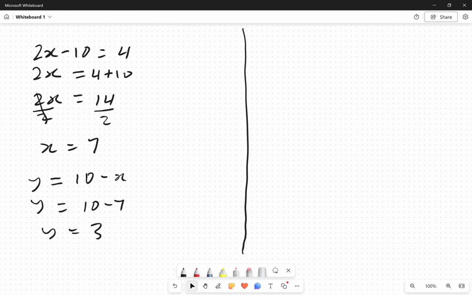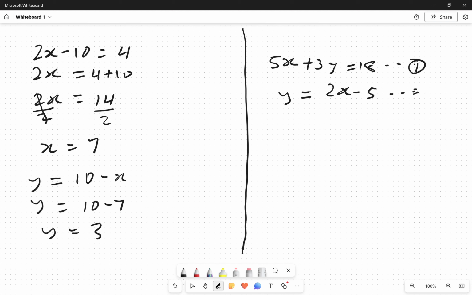Let's go to number 2. So let's say I have the next equation: 5x plus 3y is equal to 18. Let's say this is equation 1. And then we also have y is equal to 2x minus 5.